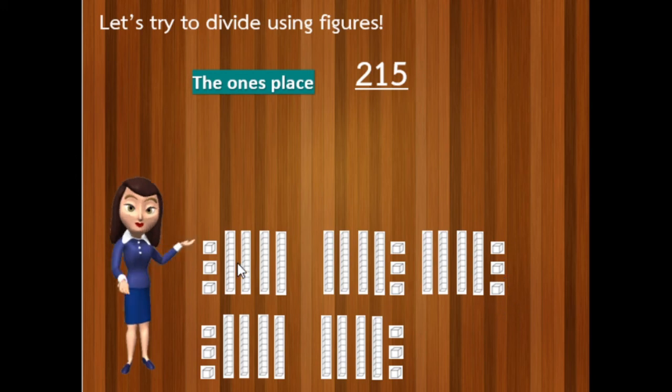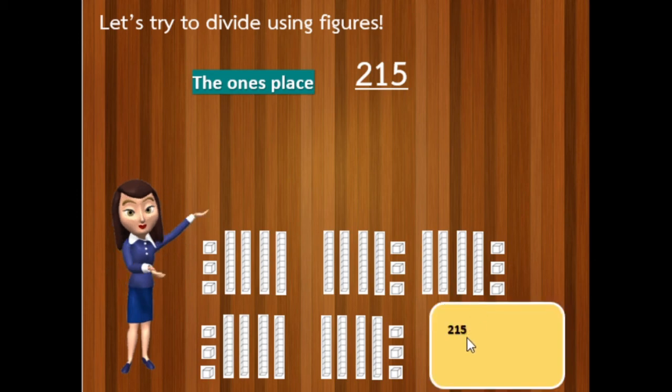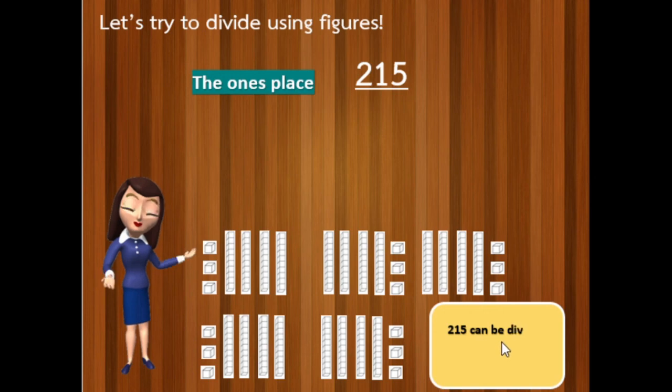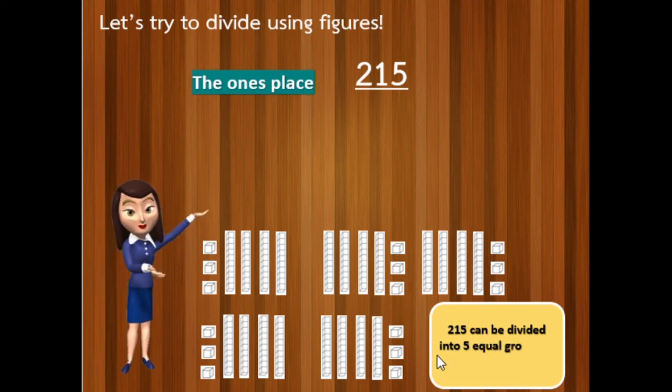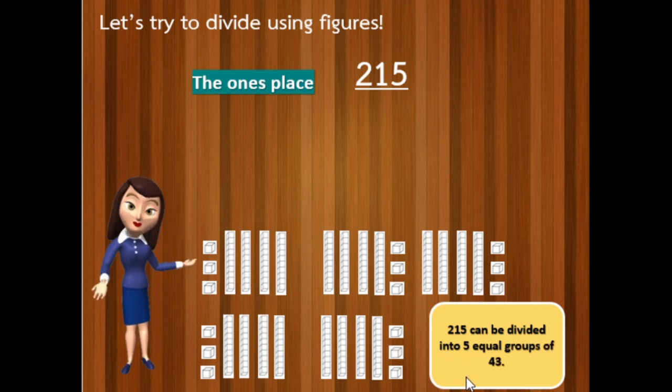So each group is already equal. Therefore, 215 can be divided into 5 equal groups of 43.